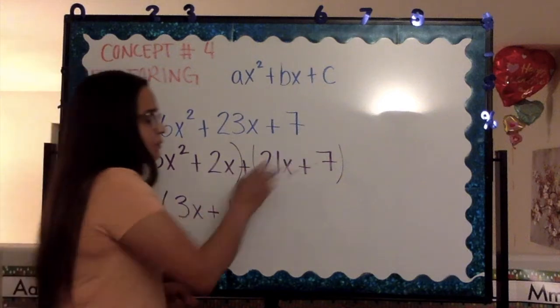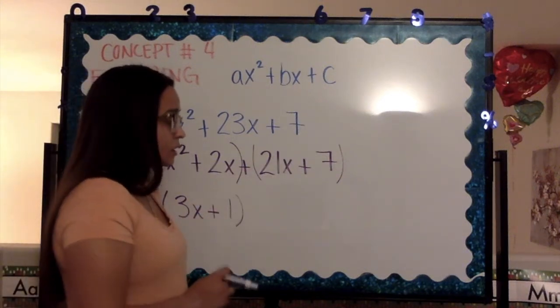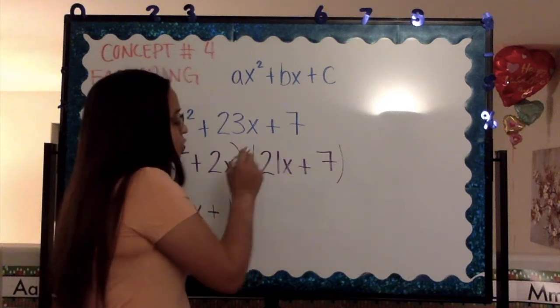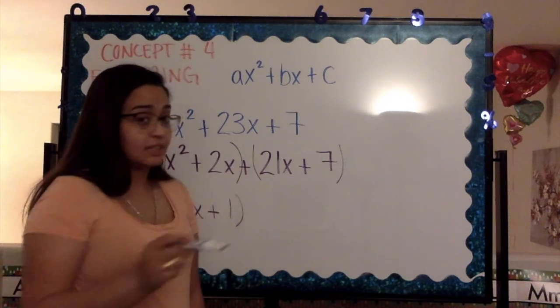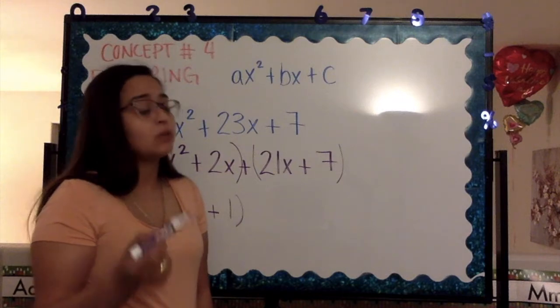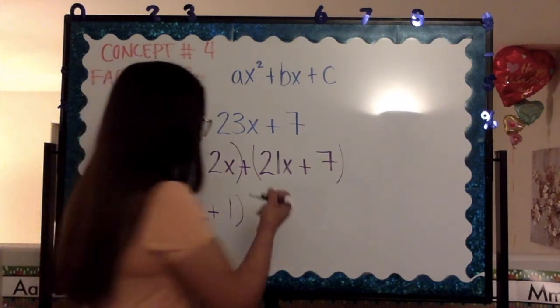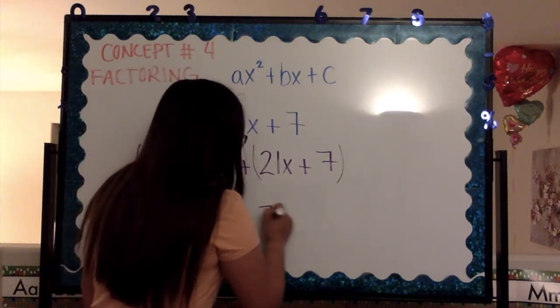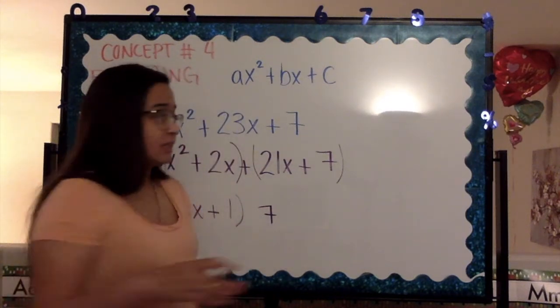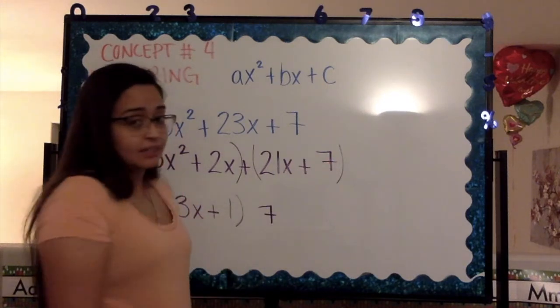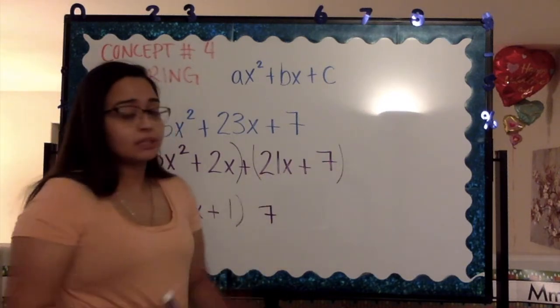Let's do the same thing with this one. Off the top of my head, I know that 7 goes into 21 3 times. Therefore, I know that my greatest common factor is going to be 7. And it is only going to be 7 because in this case, 7 does not have an x, but 21x does.